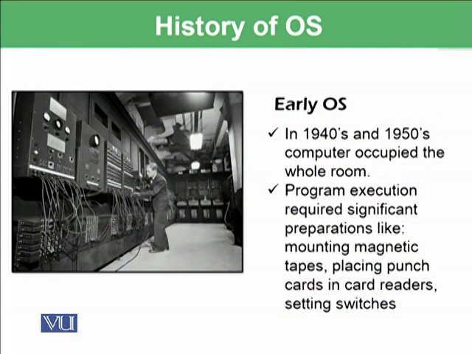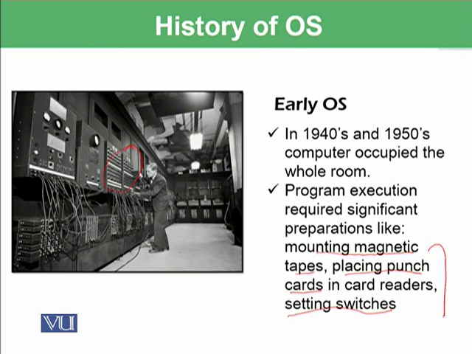You know that early operating systems of the 1940s and 1950s occupied a whole room, and program execution required significant preparation. For example, we needed to mount the magnetic tapes somewhere here, and then place punch cards from where the data would be retrieved and where the data would be printed or stored, and then there was the setting of switches.